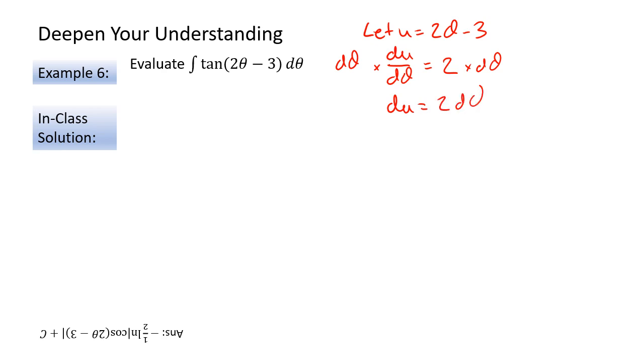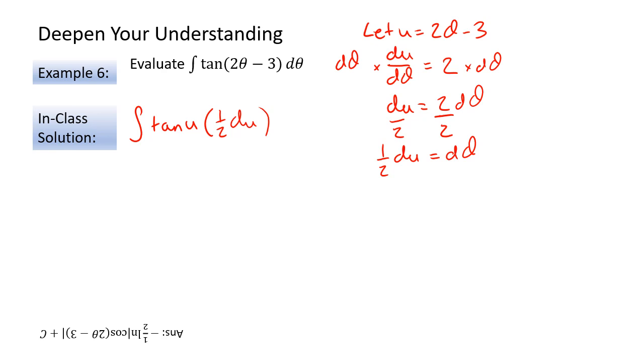to 2 d theta. Again, we can't substitute in the 2 here because there isn't one in this expression. So I'm going to divide both sides by 2, and we're left with 1/2 du is equal to d theta. Substituting all these values in, we get the integral of tan of u times 1/2 du.